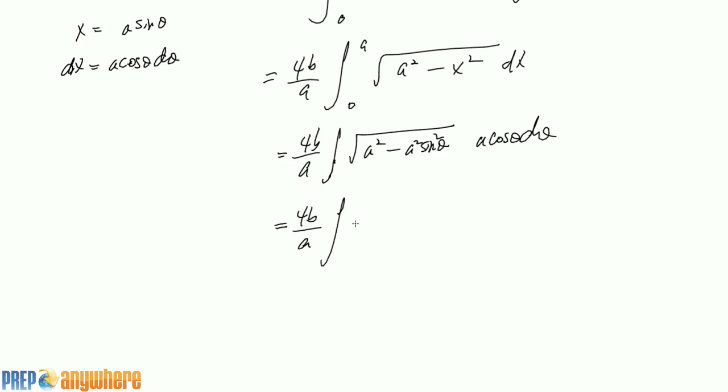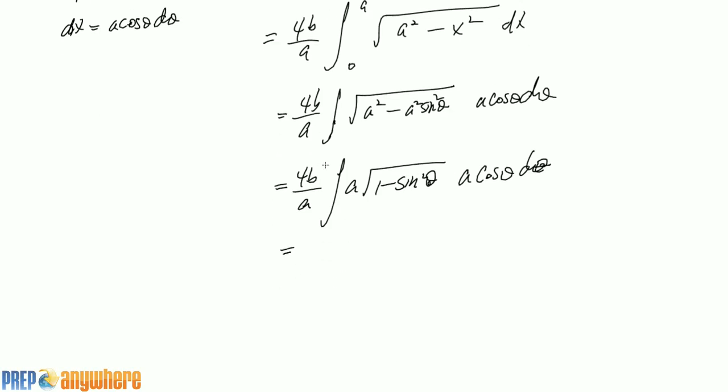So you can factor out the a squared, and you get a squared times 1 minus sine squared theta, times a cosine of theta d theta. Right. So look, this and this will cancel out. We have 4ab integral, and this will become just cosine of theta.